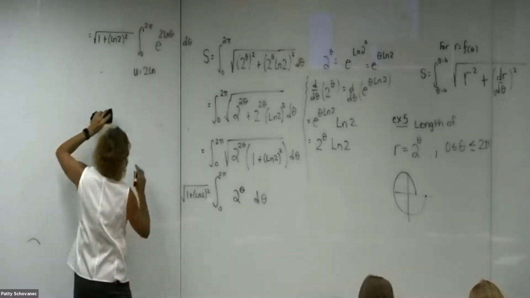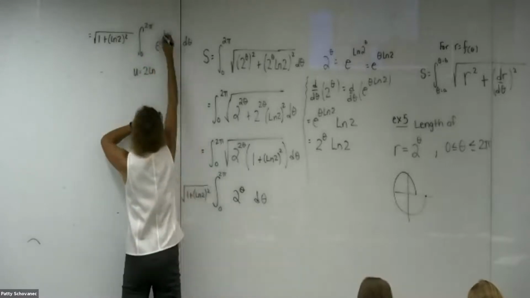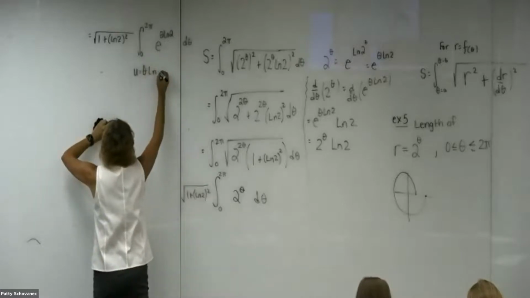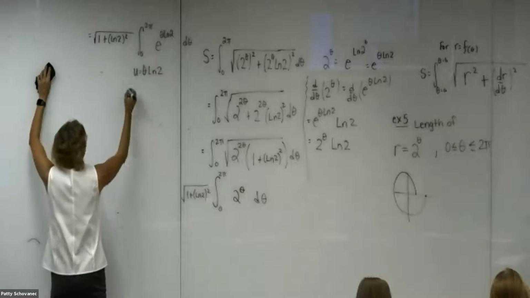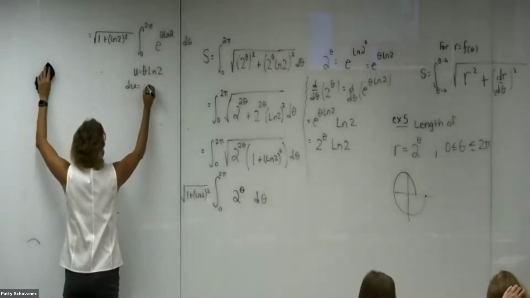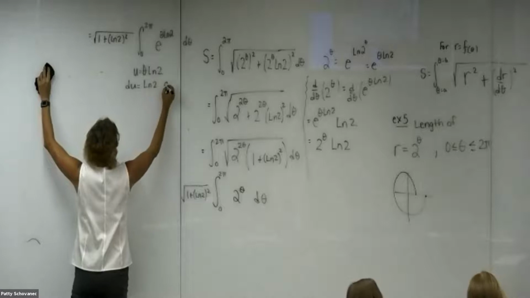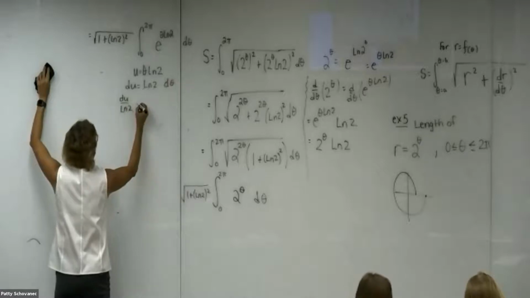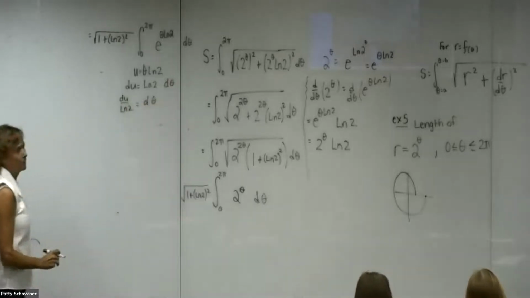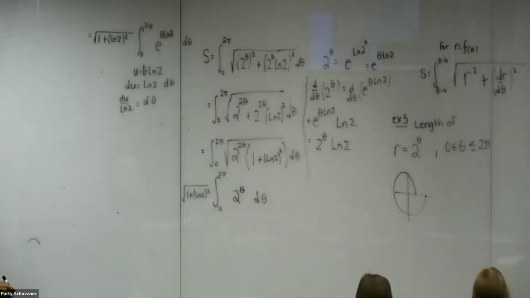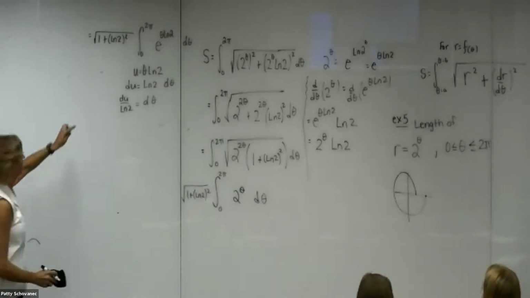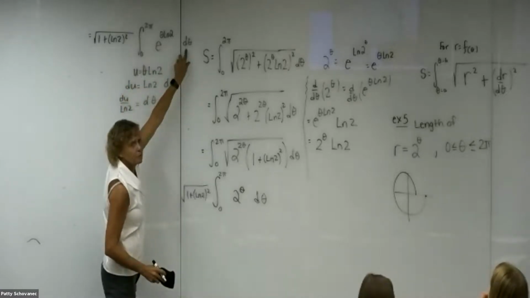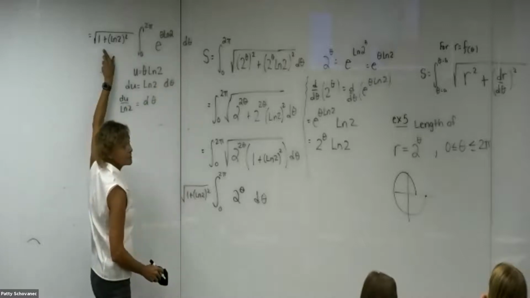Theta natural log of 2, I wrote that backwards. u is theta natural log of 2, then du is the natural log of 2 times d theta. So du divided by the natural log of 2 is the d theta. So I'm going to write that now as e to the u times du over the natural log of 2. The natural log of 2 is a constant, so I'm going to put it underneath this.